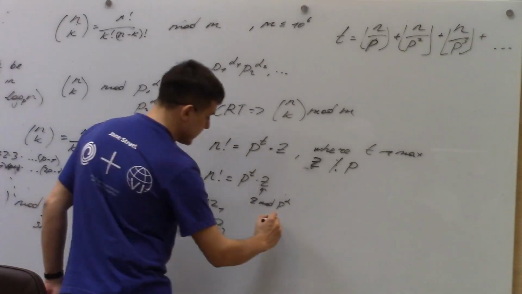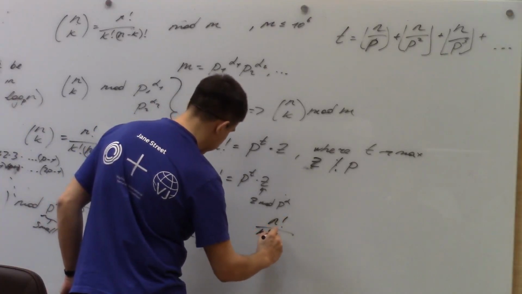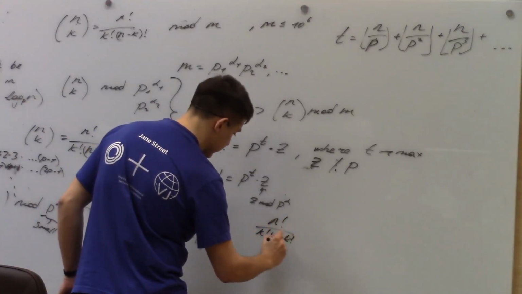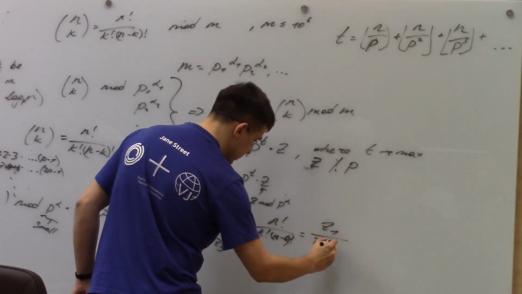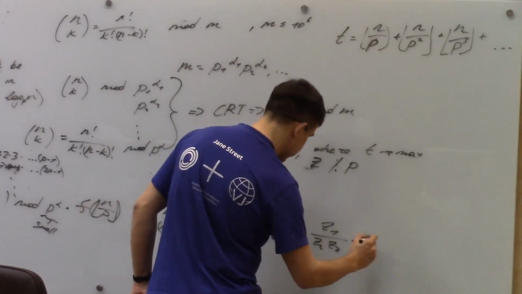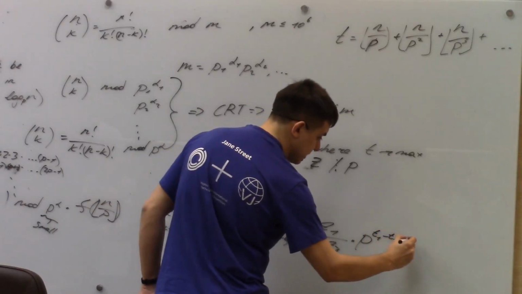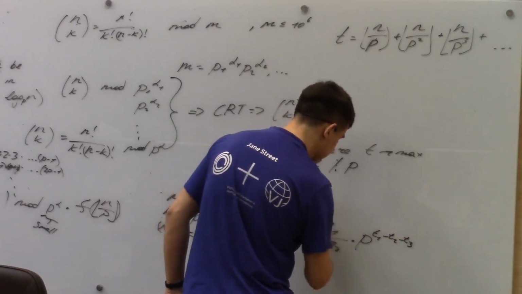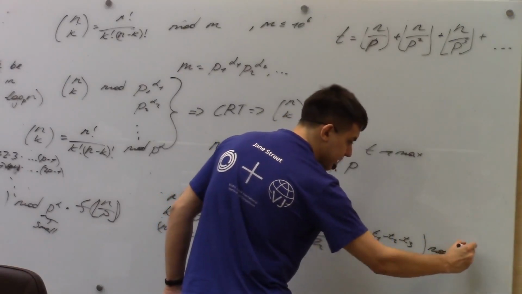And thus the final answer, n factorial divided by k factorial times n minus k factorial, is z1 divided by z2, z3 times p to the power of t1 minus t2 minus t3, and all of that is taken mod p to the power of alpha.